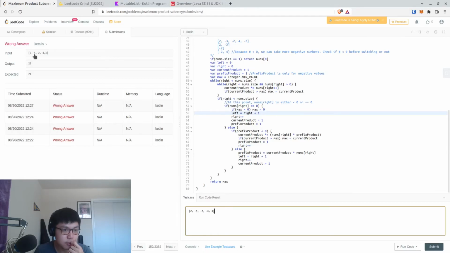So I grab 2, this 5, so the prefix becomes -10. This -2 turns it into 20. Right, that becomes 20. But then we get 80, -80 in our prefix sum, but that doesn't matter.